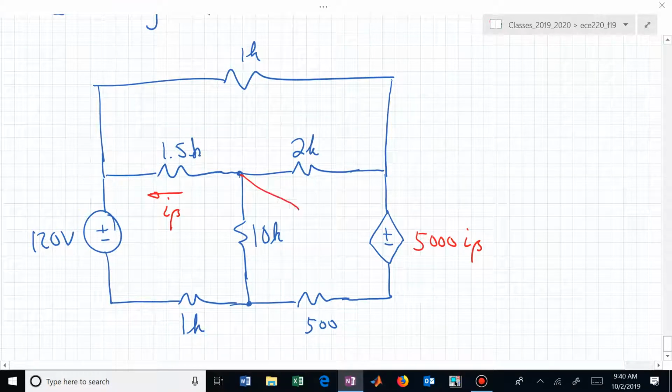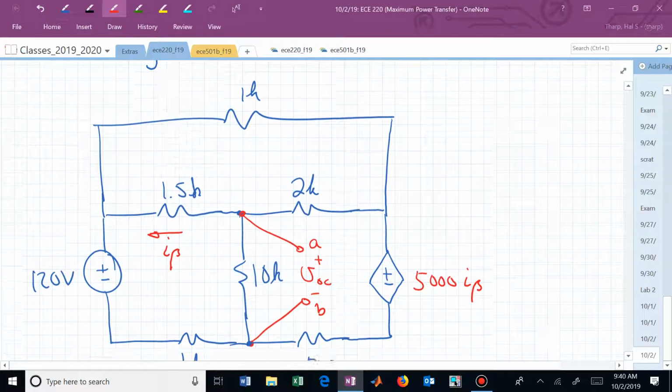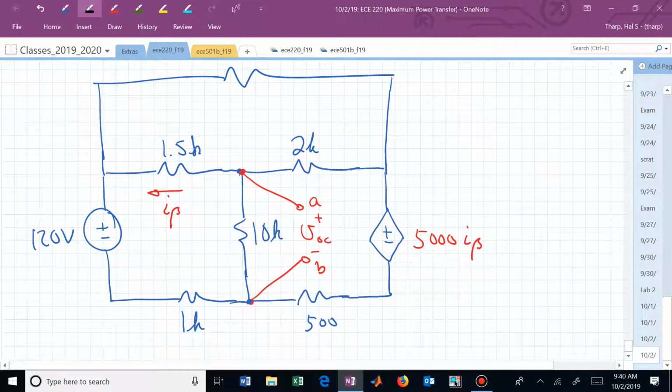And I'm now trying to find that voltage. This is now A and B, and with mesh current analysis, I could say, okay, let me do a mesh current analysis.